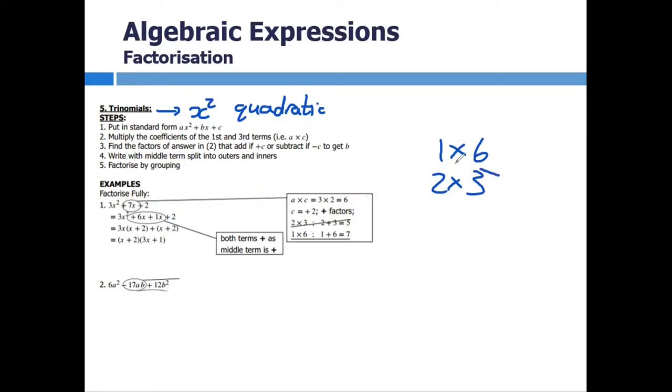Okay, so if I have a look at that, if I were to add them, it would give me a 5. So 2 plus 3 would give me 5. Obviously, subtracting makes it smaller. But if I look at this one, I go 1 plus 6 and I get 7. Okay, so after I've looked at the factors, I see which of them is going to give me that middle term. And I see it's the 1 and the 6.